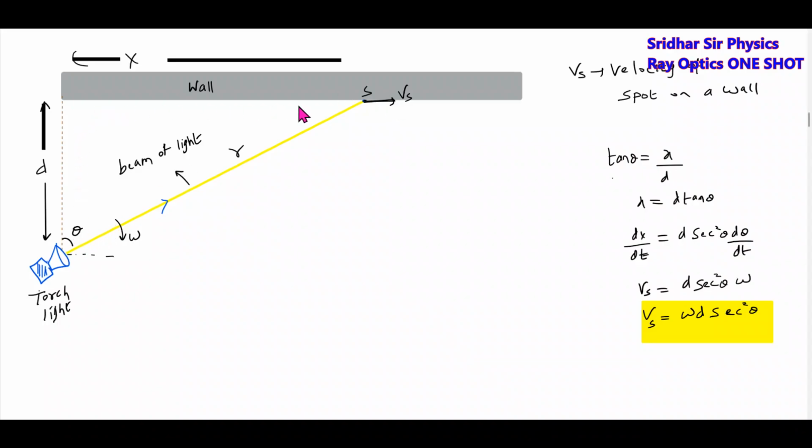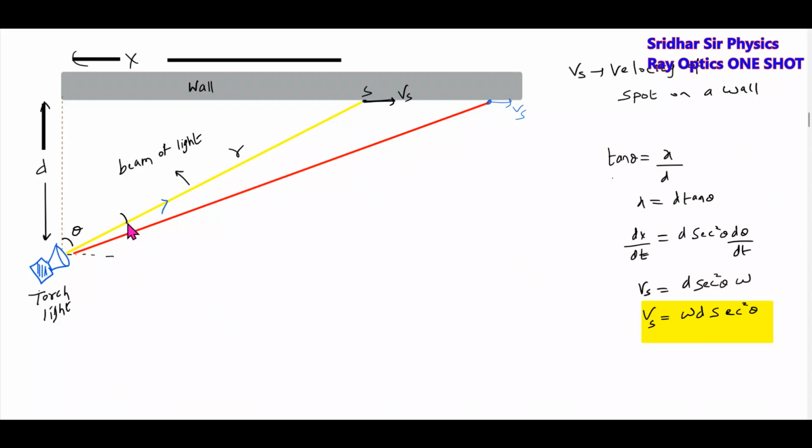Then from the constraint tan theta equals x by d, x equals d tan theta. We'll differentiate. Why should we differentiate? Because as I rotate the beam, after some time the beam will come here. Hope you are able to understand now. So this will be the velocity of the spot.